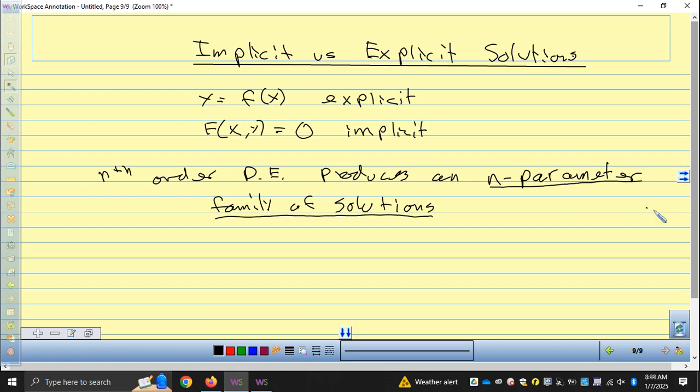So a second order differential equation is usually going to involve two integrations. So we get two constants of integration. We get a two parameter family of solutions for second order differential equations.